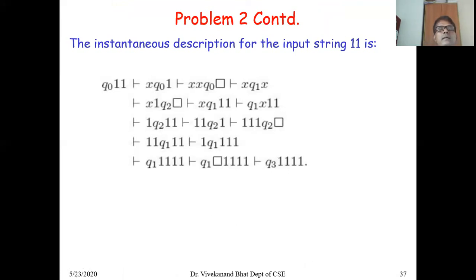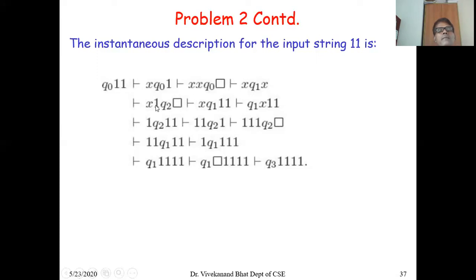To trace this, consider the input string xx. The output should be 1, 1, 1, 1. Q0 points to 1 and replaces 1 by x and moves right, and replaces the next 1 by x and moves right. Once it sees blank, it replaces blank by blank and moves left.